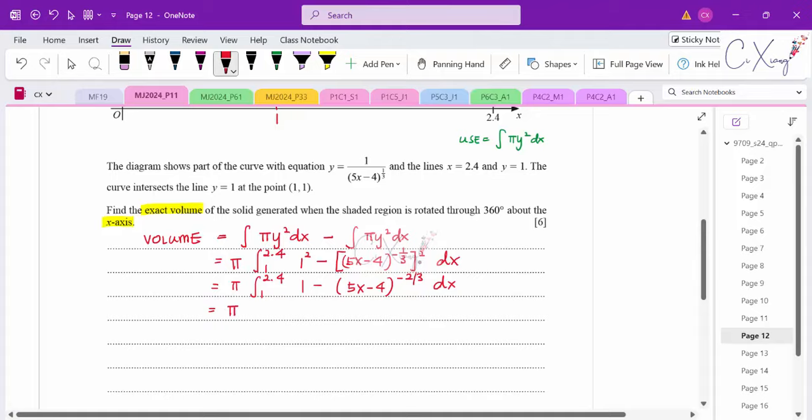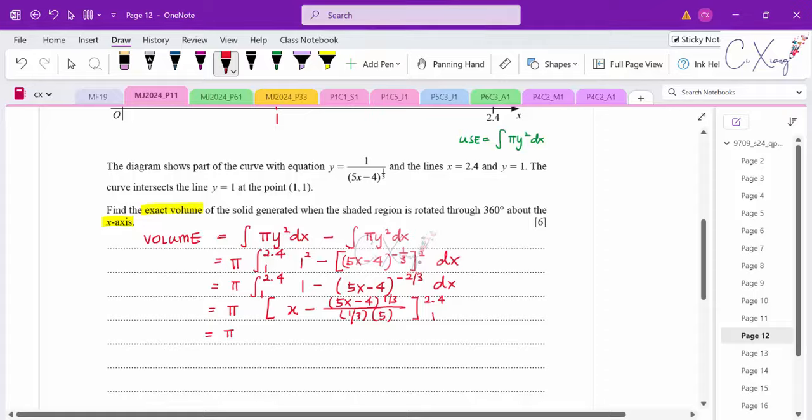I have pi. Integrating the 1, I get x. Integrating (5x minus 4) to the power of negative 2 over 3, you take power plus 1, which becomes 1 over 3, divided by the new power, which is also 1 over 3. After that, you differentiate the thing inside the bracket, and you get a 5. Then you put in the limits 2.4 and 1.